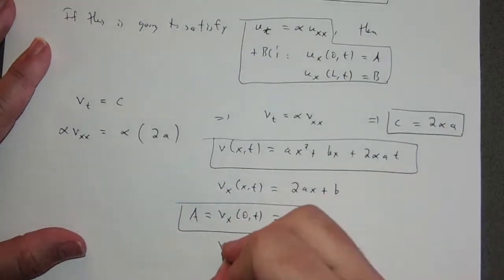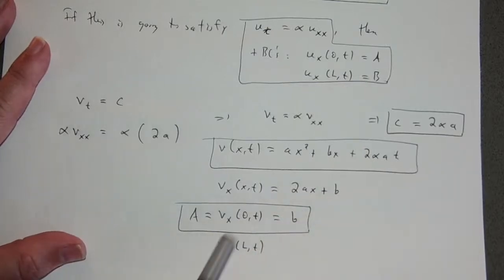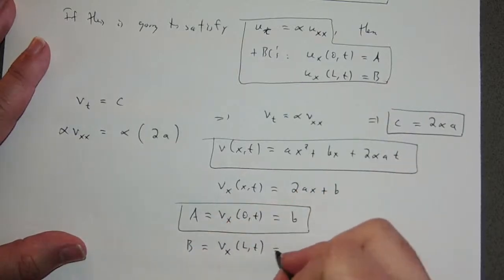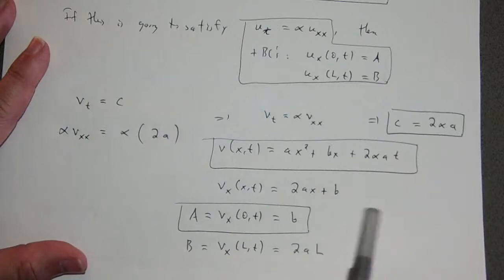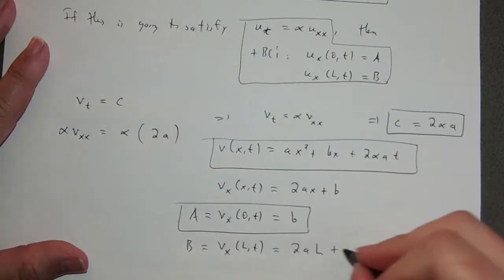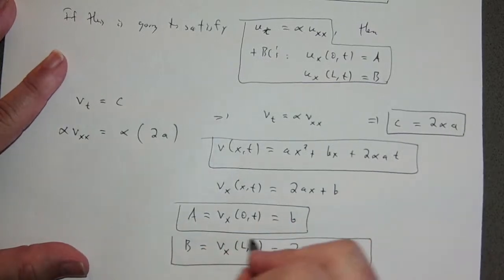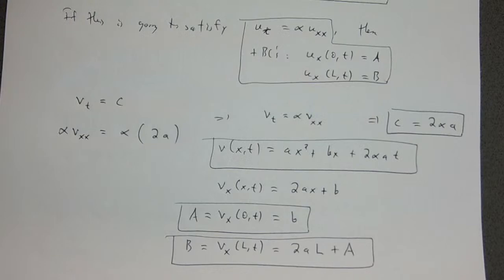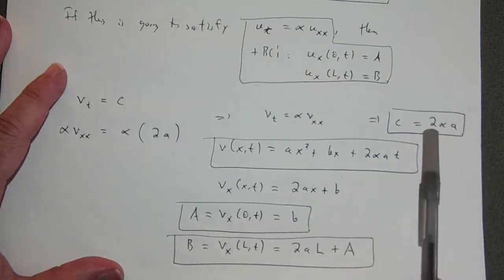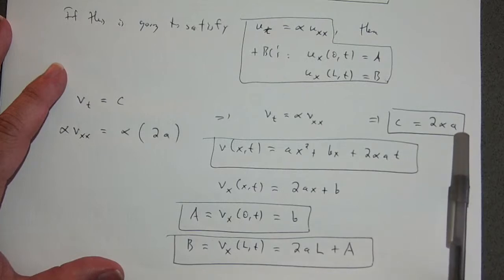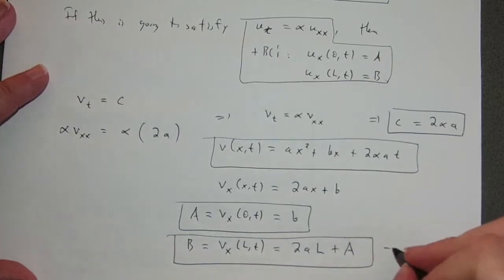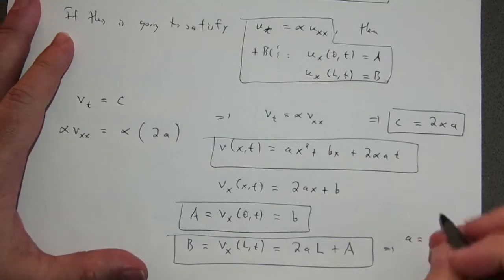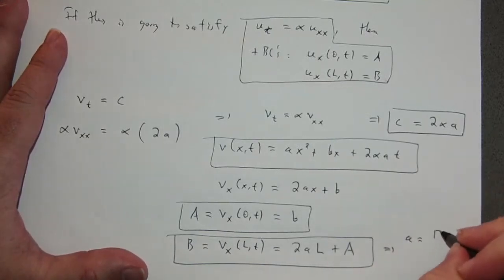And then v sub x at x equals L has to be B. But the other form this takes is 2a L plus little b, which is B. So then little b has to be A, little c has to be 2 alpha little a, and solving here, this tells me that little a is (B minus A) over 2L.